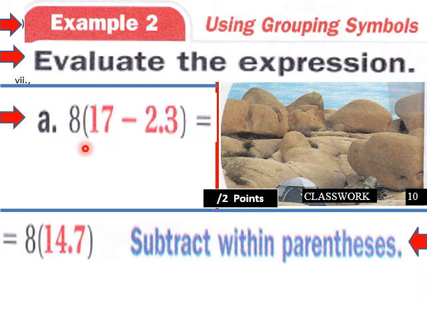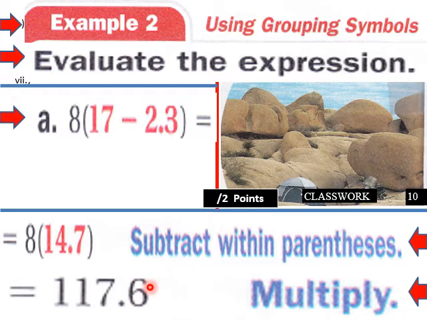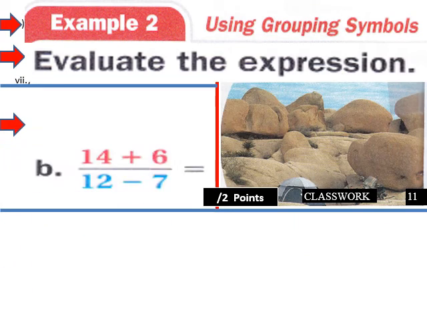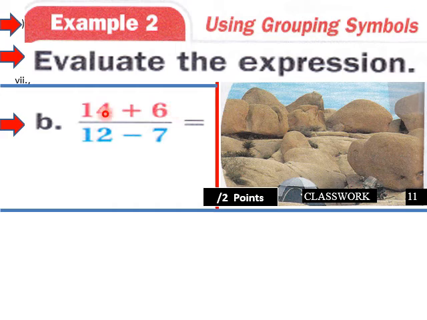Here is A here, how we solve that? Well, we do the inside of our parentheses first, which is 14.7, and then we'll multiply that by 8. So subtract within parentheses, then we do our multiplication. We have 117 for that. And then section B to example 2, we have this situation here.